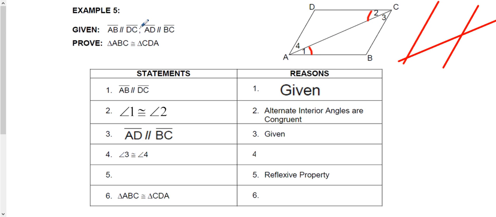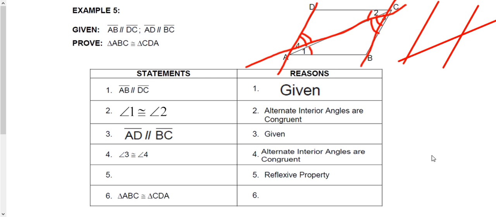Now if you look at AD, which is this line, is parallel to BC here, and you cut them with this transversal here, we can see that now 3 and 4 are congruent. We'll put 2 marks there. So that's why 3 and 4 are congruent. Yes, they're alternate interior angles again. On different sides of the transversal, they're both interior inside these 2 lines.